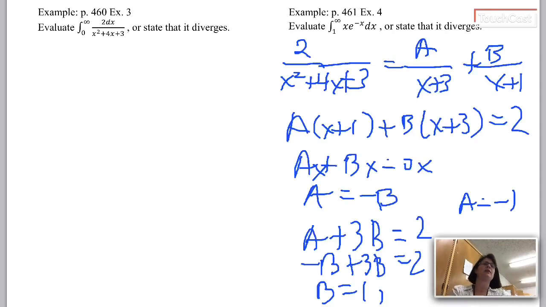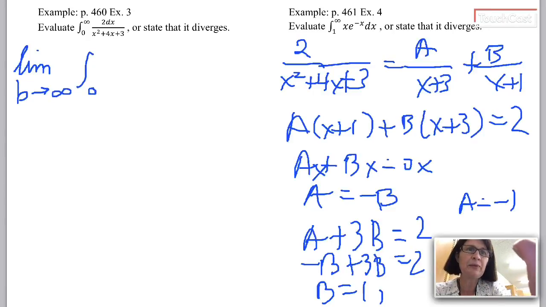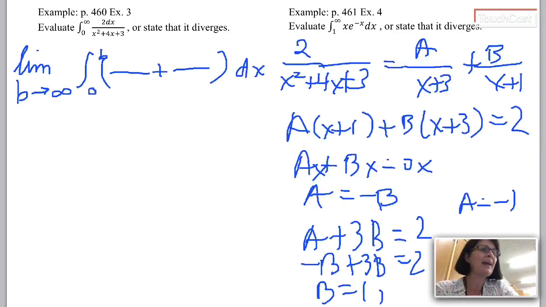So now I'm going to use this to rewrite my original integral. So this is going to be the limit as b goes to infinity of the integral from 0 to b of, I'm going to write this as the sum of two fractions, dx. So my a, I said, was -1 over x plus 3, and +1 over x plus 1.